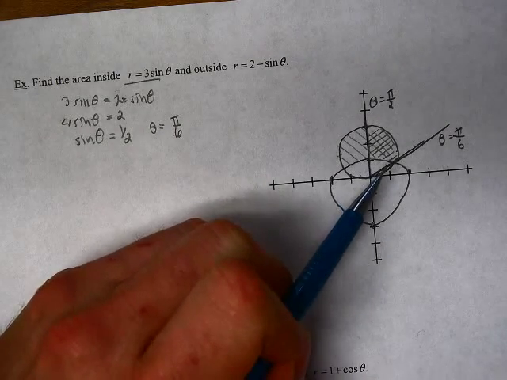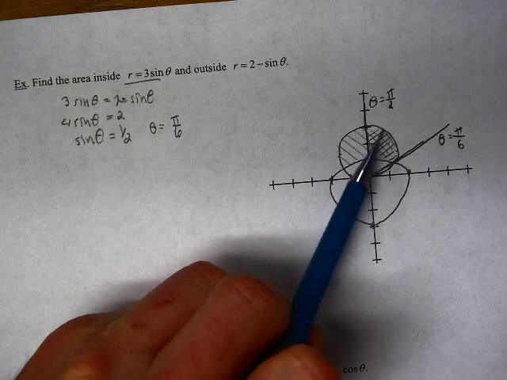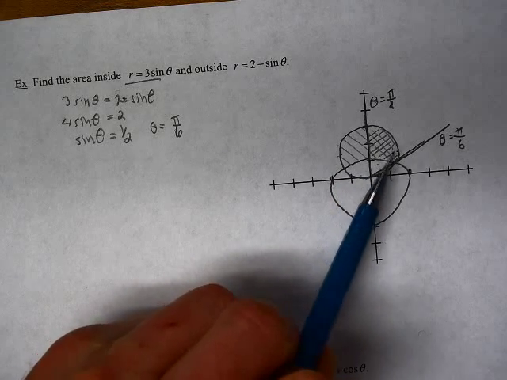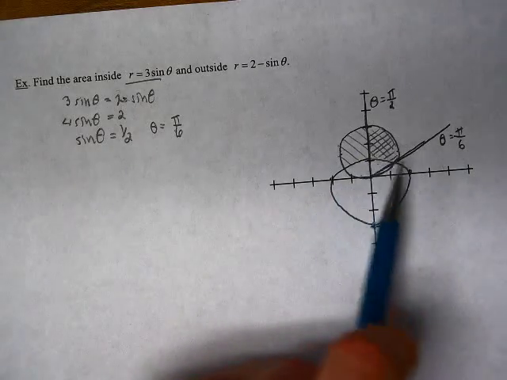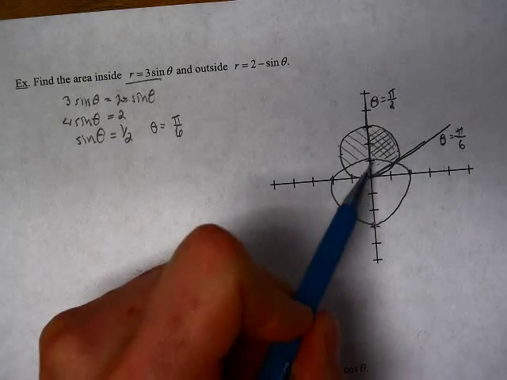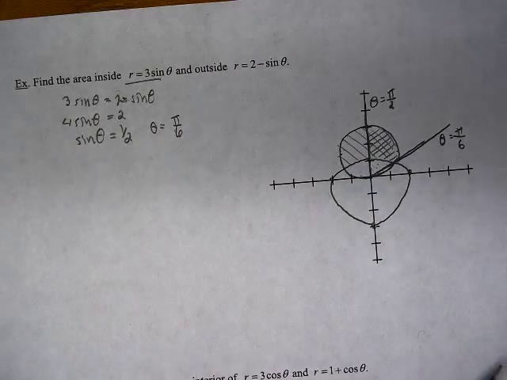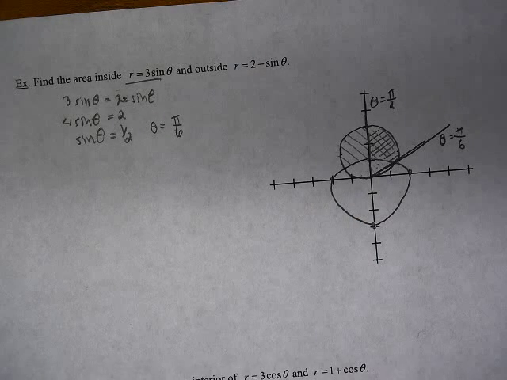I'm really looking for the region that is inside the circle but not inside the limacon. So I can think about that as if I found the area inside the circle from pi over 6 to pi over 2, it would give me all of this area, everything including this, and then I would subtract out the area that is inside the limacon.